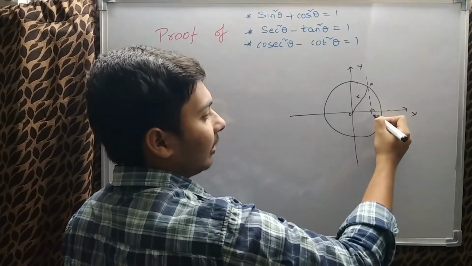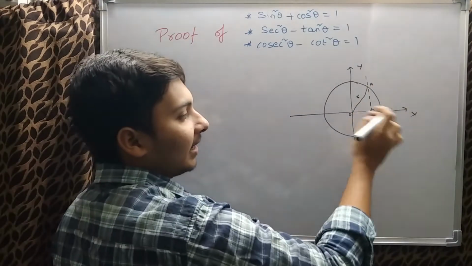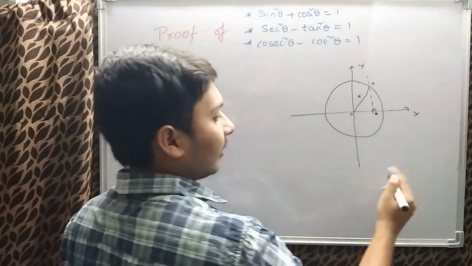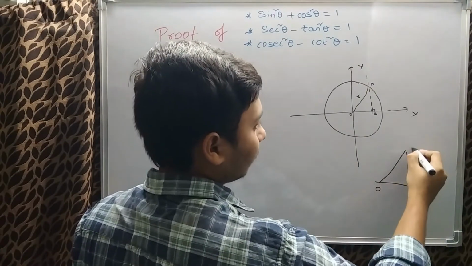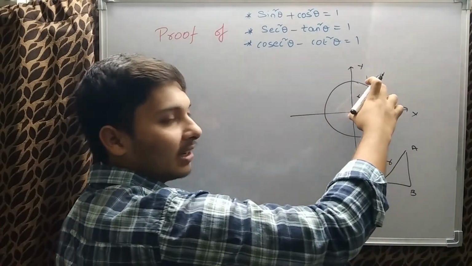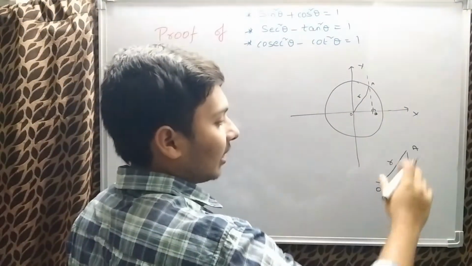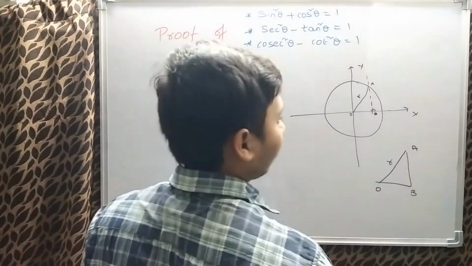Let this line meet x-axis at B, and this forms a right angle triangle OAB. As OA is the radius of the circle, this is r units, and this is OB and this is OA.